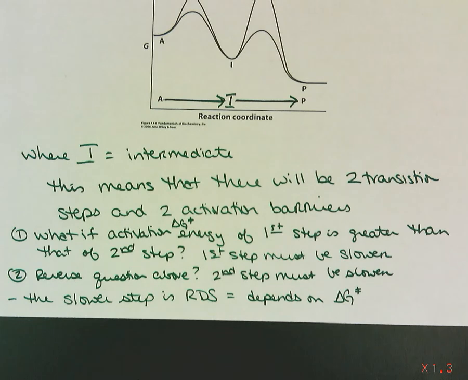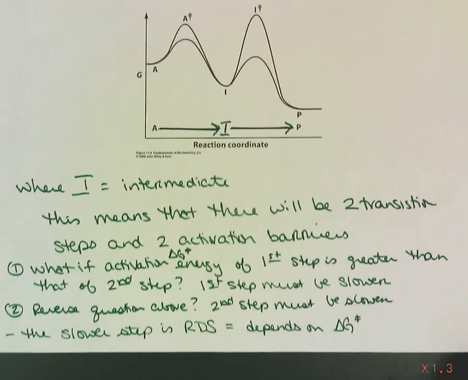So if that's slower, then that is the rate determining step. If the second one is slower, then the second one is the rate determining step. So let's look at my reaction coordinate diagram that's on this page, and look at which one of these two is the slower step.